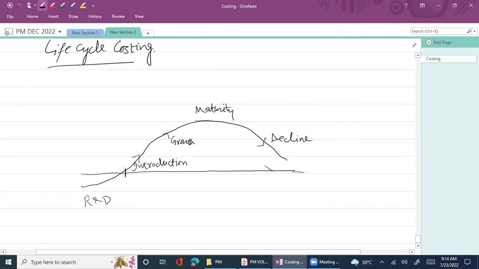In some cases, after decline, companies try to revitalize a new version of the old product. If there are some changes in the basic product, then we launch it with an updated version. This stage will be the revitalization stage.